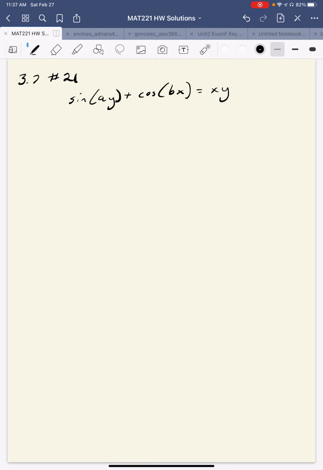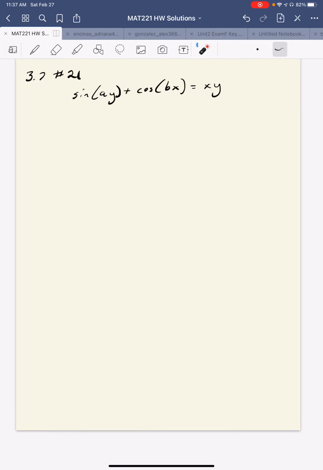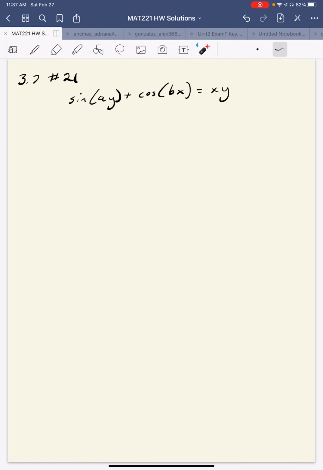And so the first thing I'm going to do here is look at this first term, which is sine of ay. And I am going to need to use the chain rule because I'm not taking the sine of a constant multiplied by x. Instead, it's ay. So the derivative of the sine is the cosine.